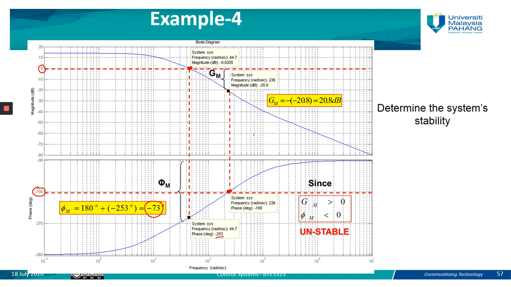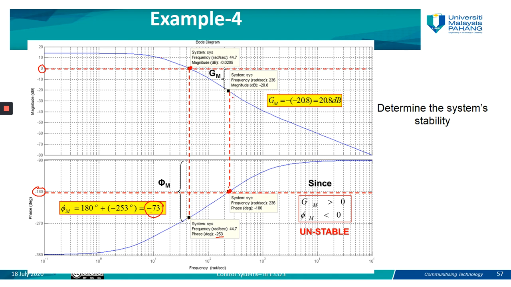Whatever the value of the gain margin is, positive or negative, it doesn't matter, because if either the gain margin or phase margin is negative, your system will be unstable. But to find the gain margin, just to know the value, this is the phase crossover frequency.